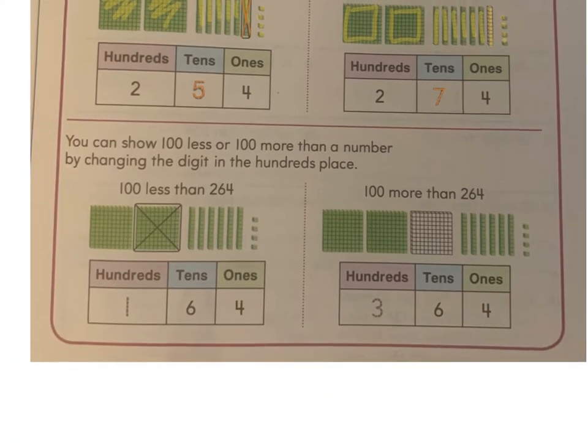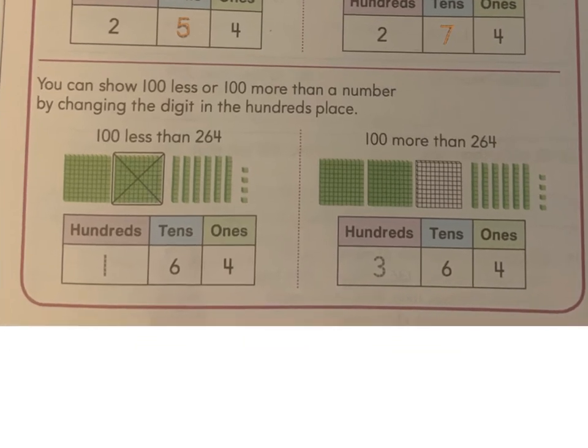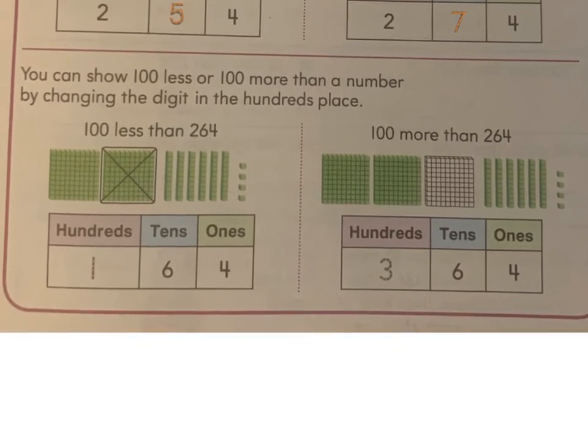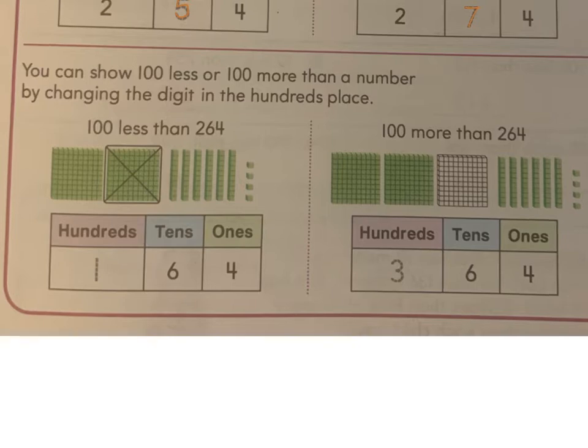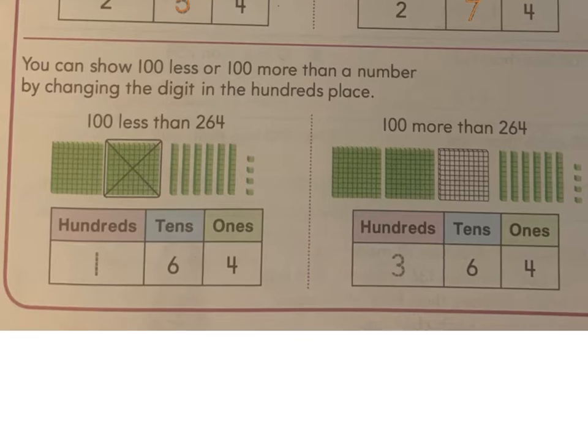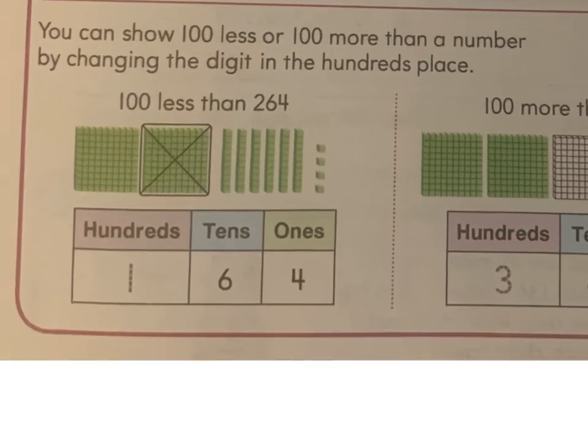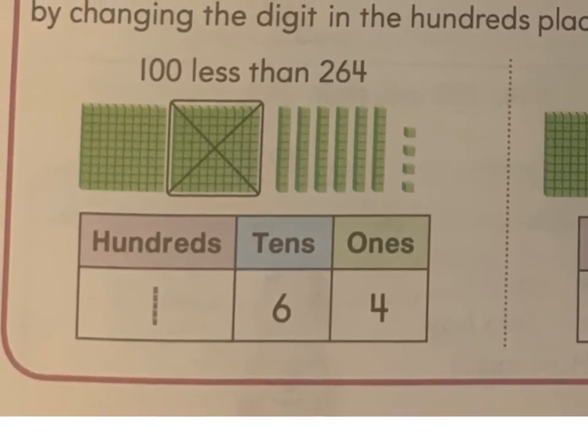Now we can do the same thing with the hundreds place. But what place will change now? That's right, the hundreds place will change. So you can show 100 less or 100 more than a number by changing the digit in the hundreds place. The first one says 100 less than 264.